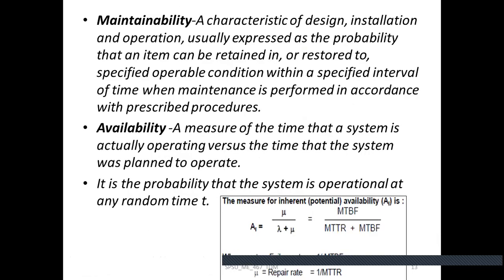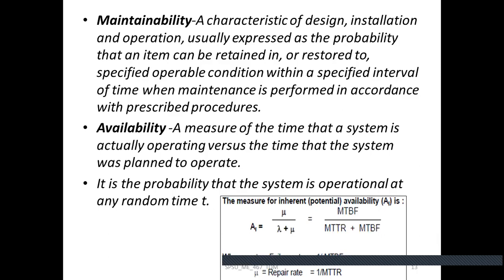Now, maintainability: these are some other important terms also used in reliability. Maintainability is a characteristic of the design, installation and operations, usually expressed as the probability that the item can be retained in or restored to specified operable conditions within a specified interval of time when the maintenance is performed in accordance with prescribed procedures.